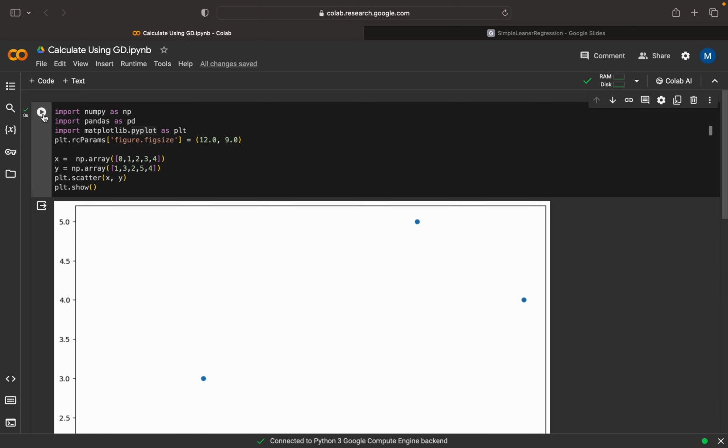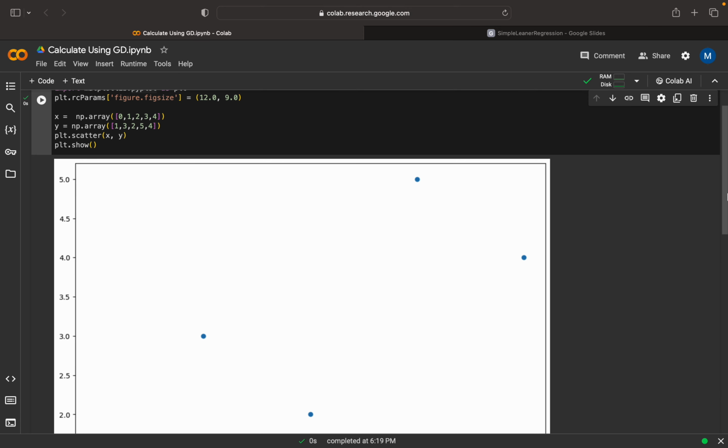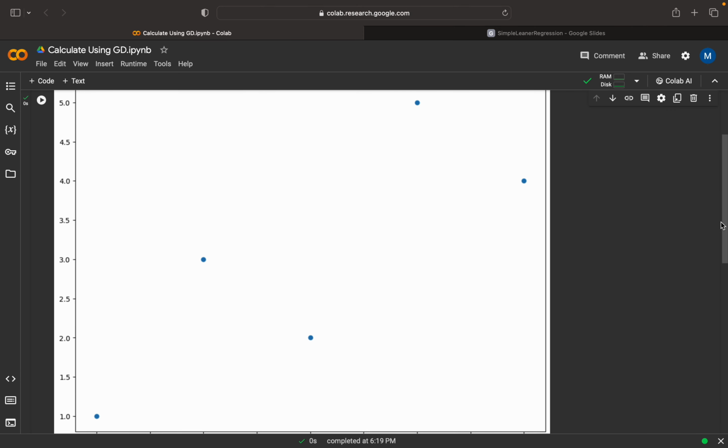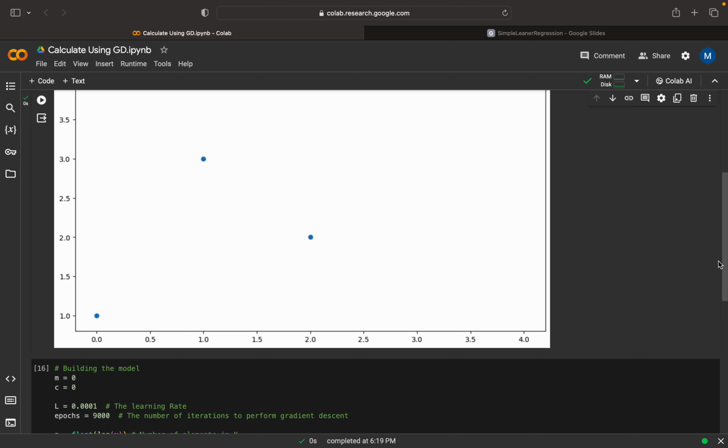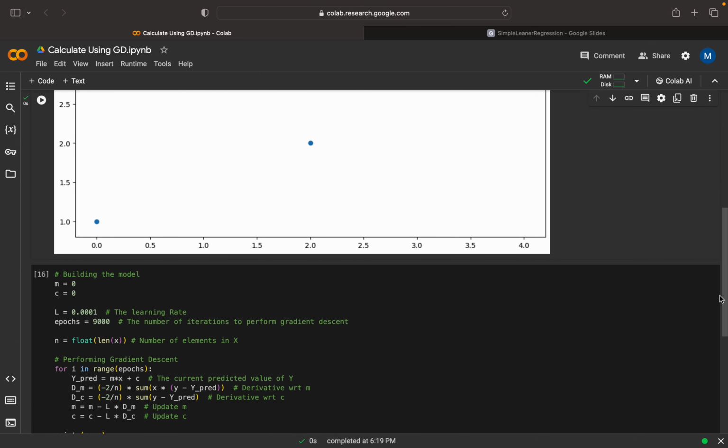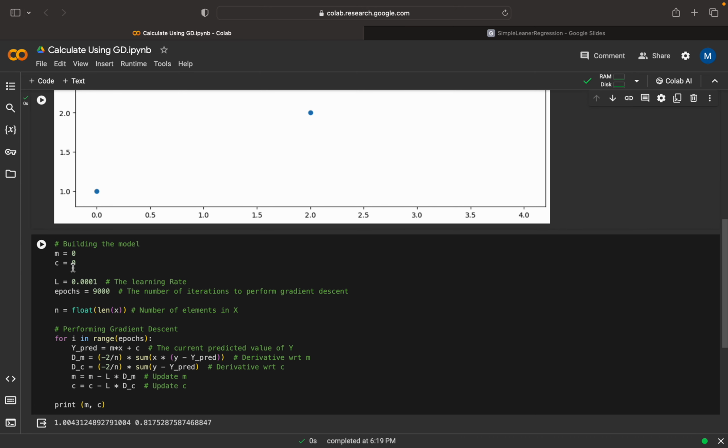Let me execute this. Here we can see the points. We have done a scatter plot. As I mentioned, we will be setting m equal to 0 and c equal to 0. Here we have set the learning rate as 0.001, and let me first set the epochs as 1000.